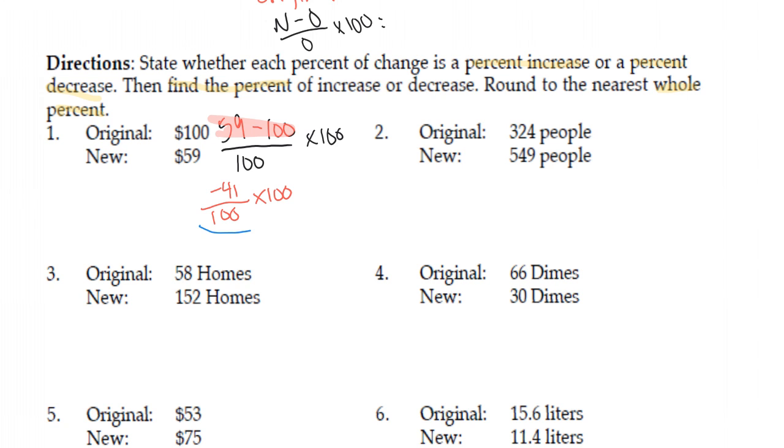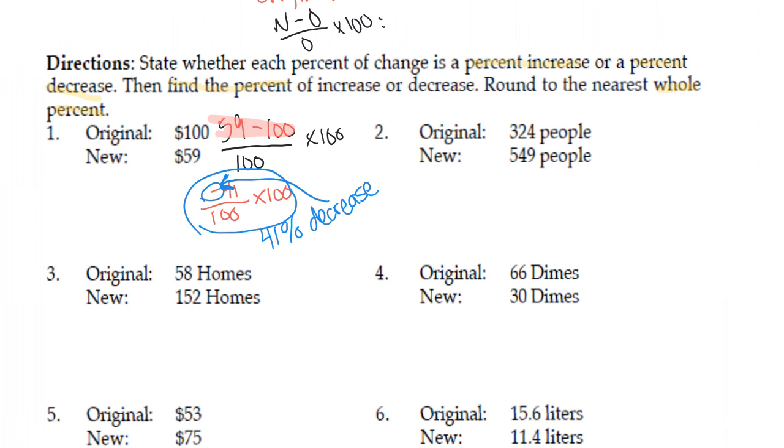Hopefully you get 41, and because it's a negative, we know it's a 41% decrease, again because of that negative.